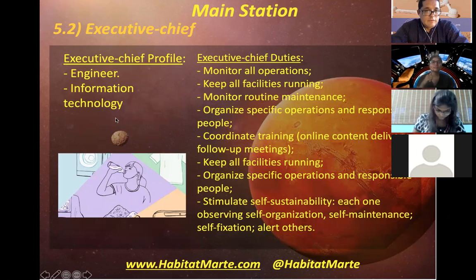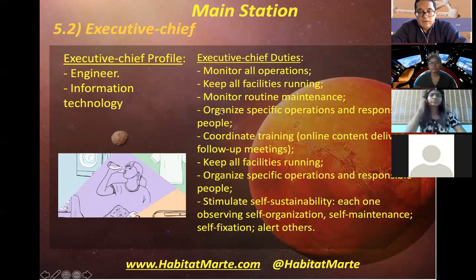And then the second position is the executive chief. We suppose that this person would be an engineer or someone with an information technology background. Some duties are to monitor all operations, keep all facilities running, monitor the routine maintenance, organize the specific operation with responsible people, coordinate trainings, and stimulate self-sustainability.